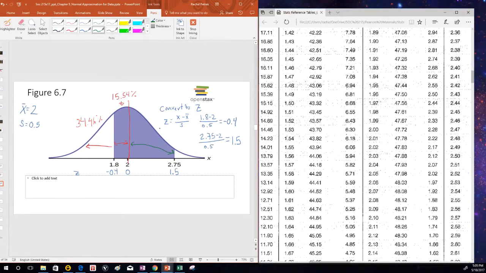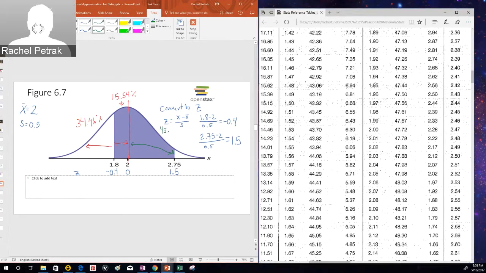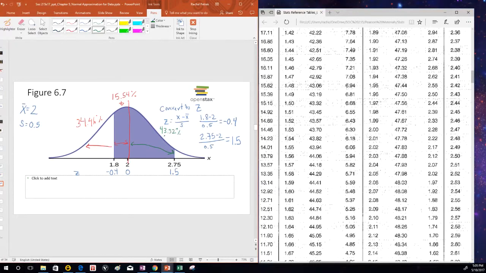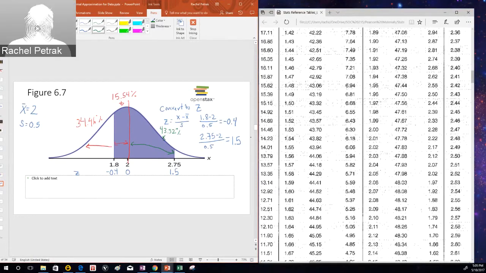And I know one other bit of information. The proportion of the distribution that lies out beyond a z-score of 1.5, this proportion here, is going to be 6.68.